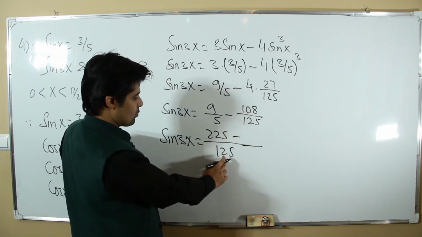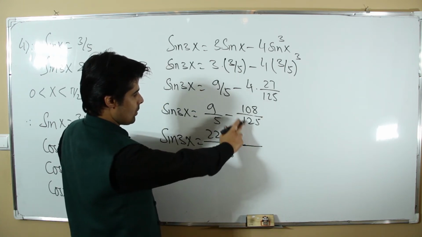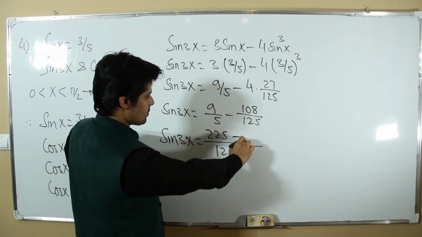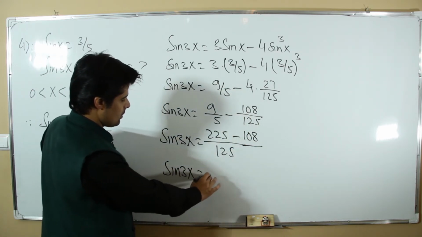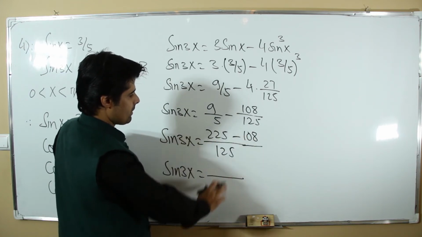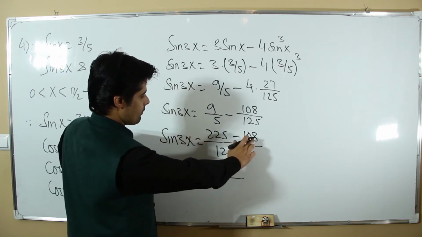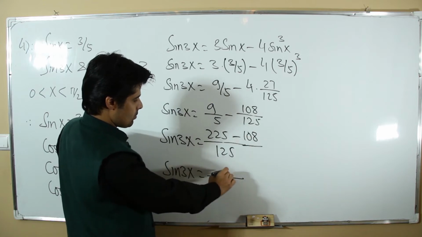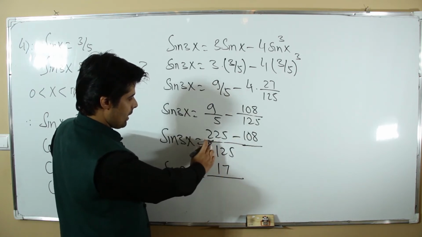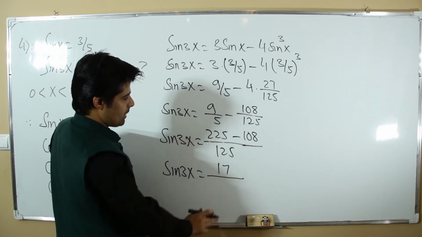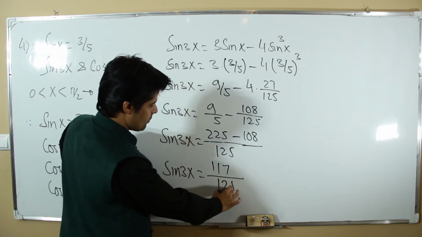Minus 125 divided by 125 is 1, times this one, 108. Now sine 3x is 225 minus 108, which is 117, divided by 125.